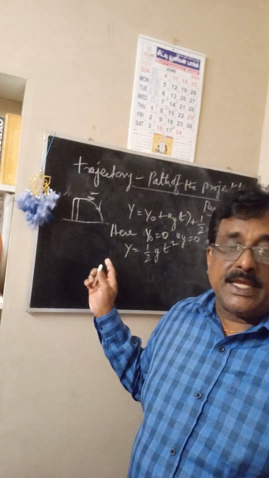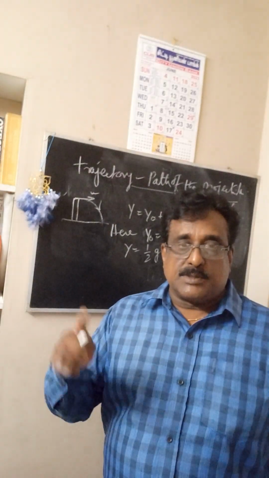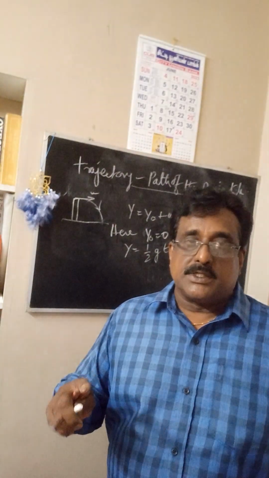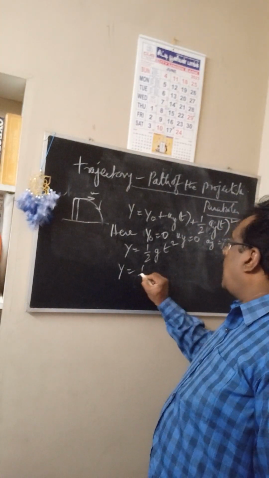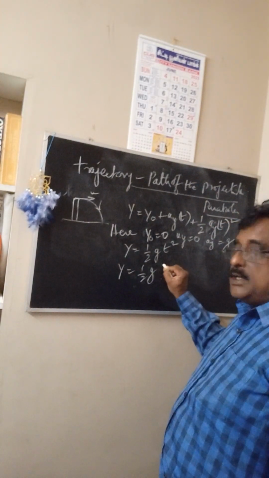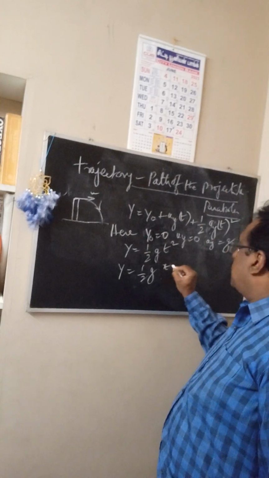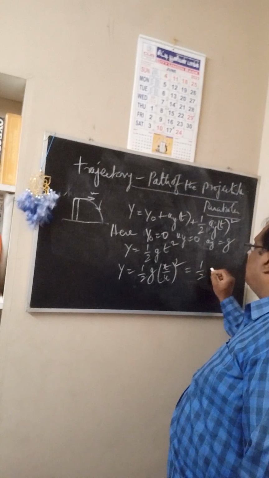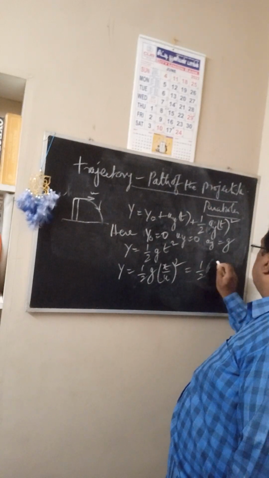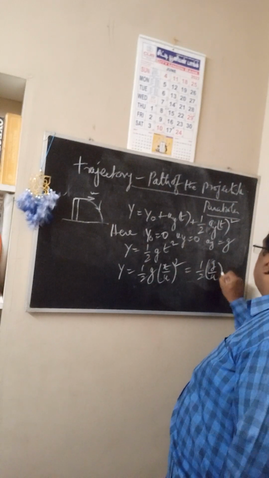Substitute the value for t. You know, velocity is displacement by time, so time is displacement by velocity. So y is equal to half g times x by u, the whole squared, which is equal to half g by u squared into x squared.